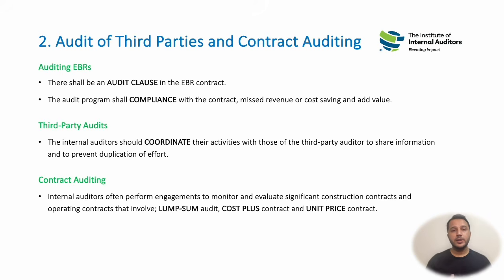One more point in this section, the last one, is contract auditing. Contract auditing is very common in construction, though it could be for anything, maybe software development. To give an easy example, in a construction setup, we have a lump sum contract with the second party, where we say, you have to build this building, a showroom, and this will be the overall cost.